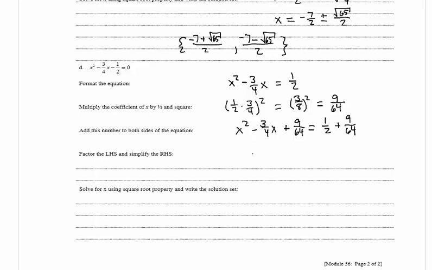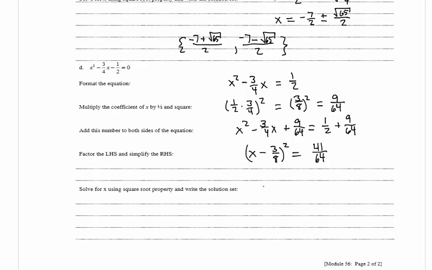So the left-hand side factors to x minus 3/8 squared, and that's equal to 1/2 plus 9 over 64. 1/2 can be written as 32 over 64, and 32 plus 9 is 41, divided by 64.